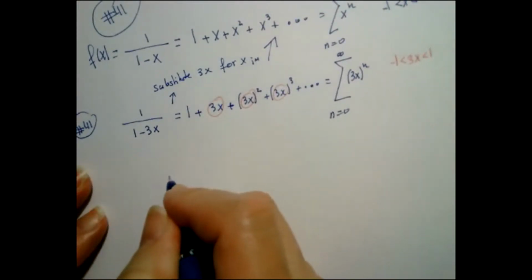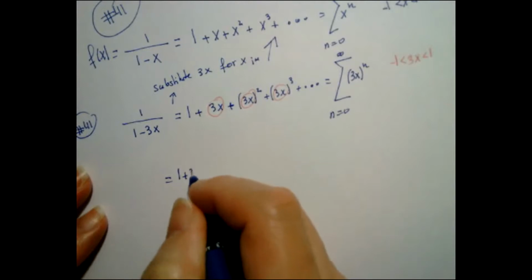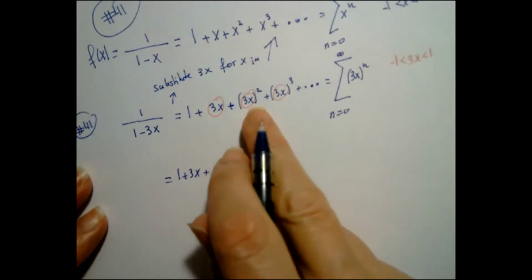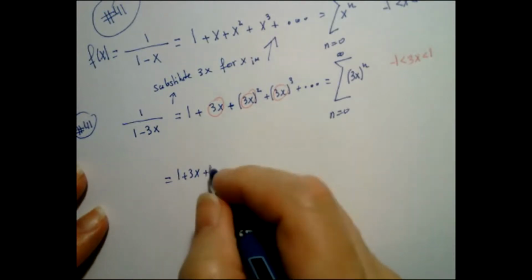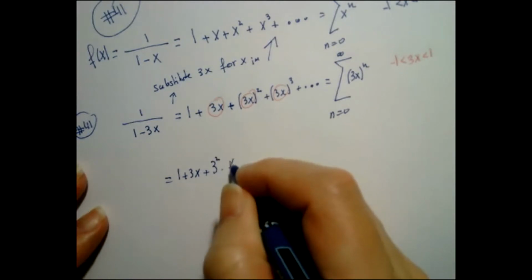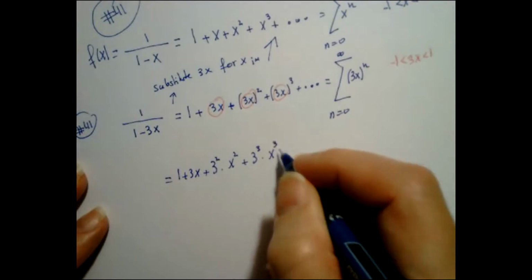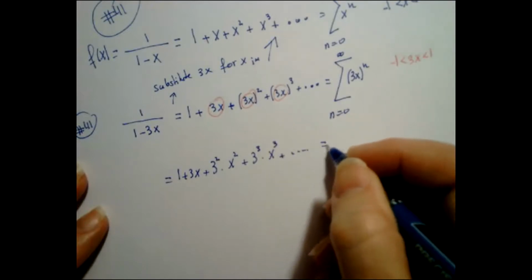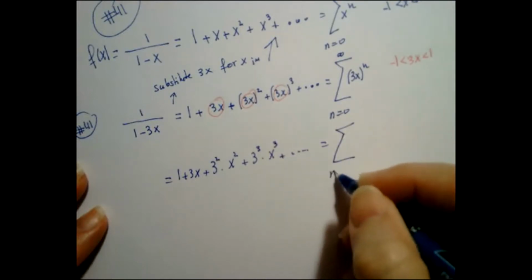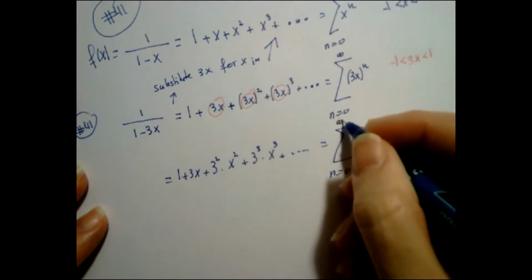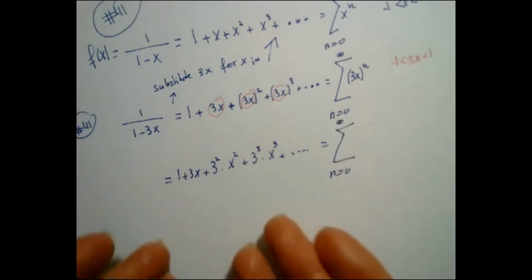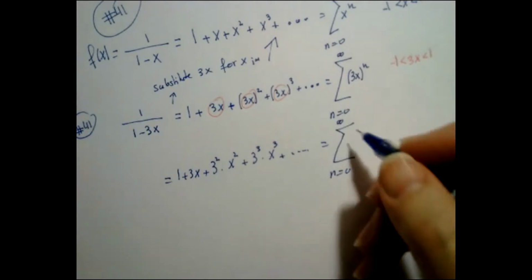Now we just have to simplify a little bit. So this will be written as 1 plus 3x plus 3x times 3x, so it's 3 squared x squared, 3 cubed x to the power 3. We're simplifying, and this would give me the sum n equals 0 to infinity of 3x to the power n, 3x times 3x times 3x, n times.